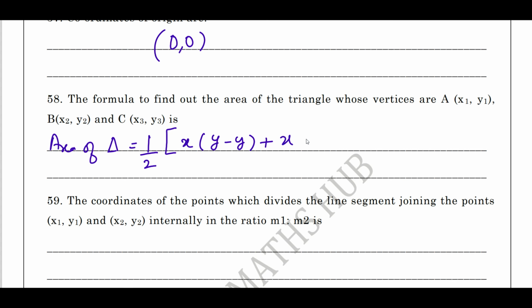Students, see the way I am writing, it is a very easy way to write. I'll write the numbers in the cyclic order: 1, 2, 3, next 2, 3, 1, 3, 1, 2. This is the formula to find the area of a triangle when the coordinates of the vertices are given.